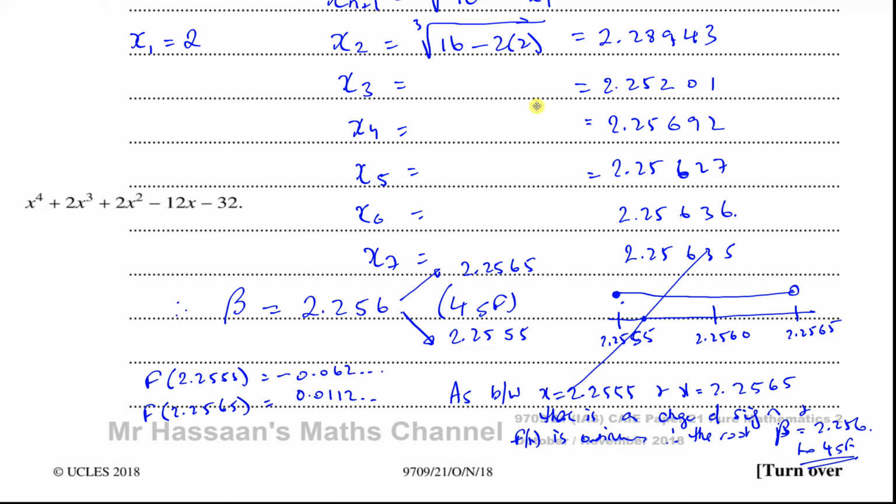So once you've pressed equals enough times to realize what the root is, you could justify that this is the root by taking the upper and lower bound of the root to 4 significant figures, and then showing that the answers have changed signs. If there's a change in sign, that means the root must be between those two values, which means any number between these two values, if you round it to 4 significant figures, is going to end up being 2.256. That shows that the root is 2.256 to 4 significant figures.